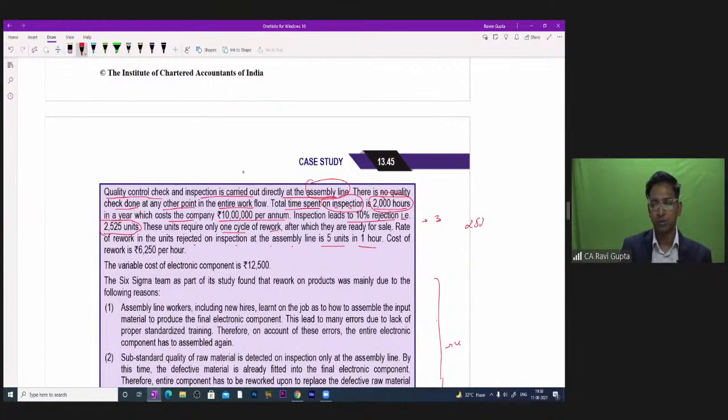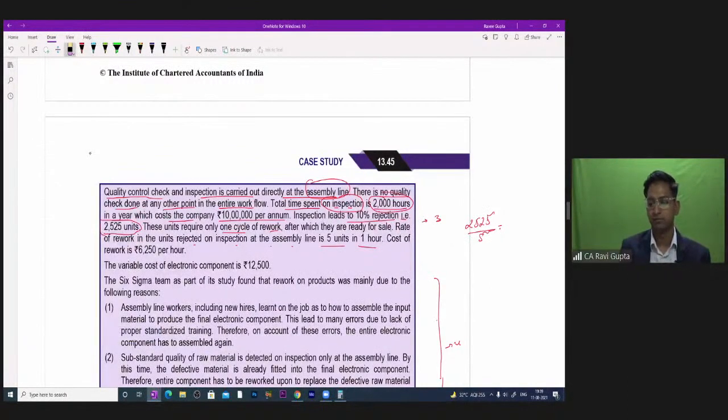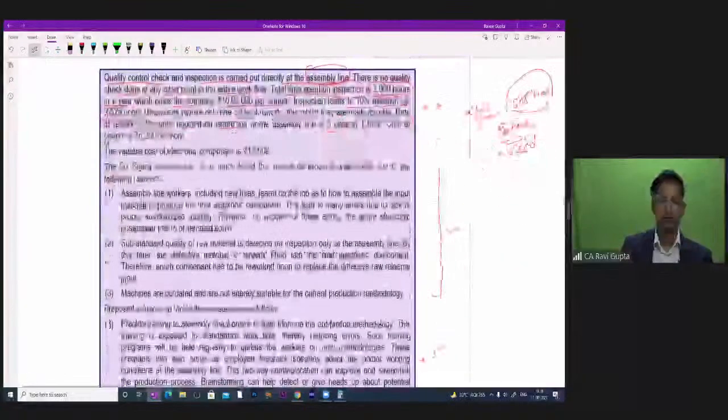So 2525 divided by 5 is 505. 505 hours will be required for rework, and the rate is 6250 per hour. The variable cost of electronic component is 12500.